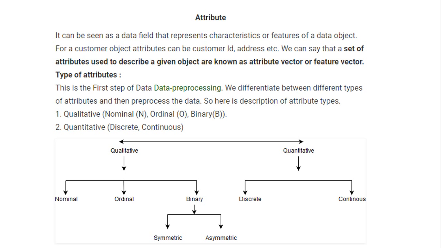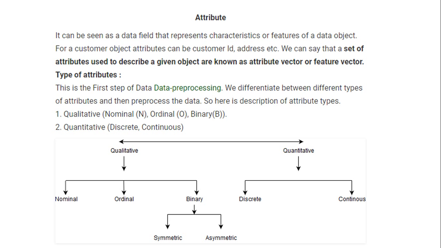A binary attribute can be symmetric if both of its states are equally valuable and carry the same weight. That is, there is no preference on which outcome should be coded as 0 or 1. One such example could be the attribute gender, having the states male and female. Hello? I hope we are still together.